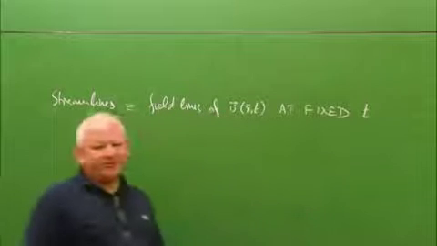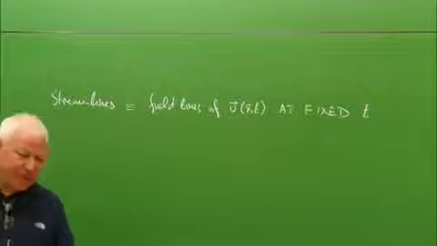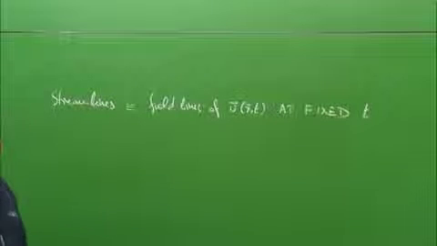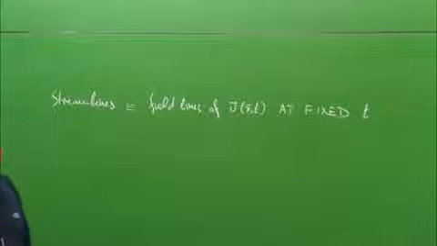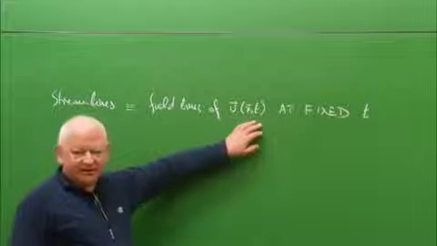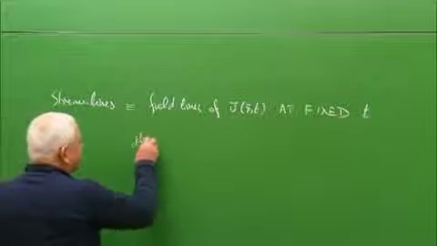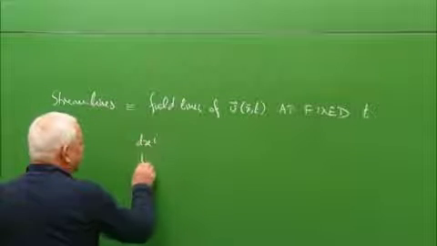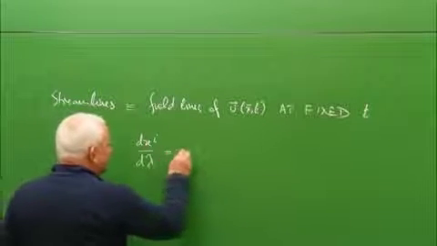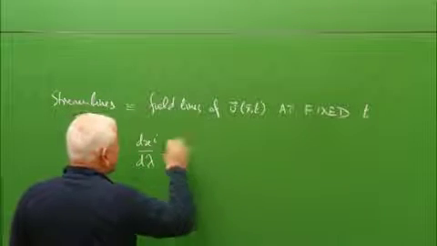So you fix the value of the time, you substitute a value for t, 0 seconds, 1 second, 2 seconds, 10 to the 58 seconds, whatever value you wish to substitute. You then are left with a function of x, y, and z alone, and you solve the equations dx_i by d lambda. Lambda is some parameter, and these are equal, so this is a set of 3 equations.